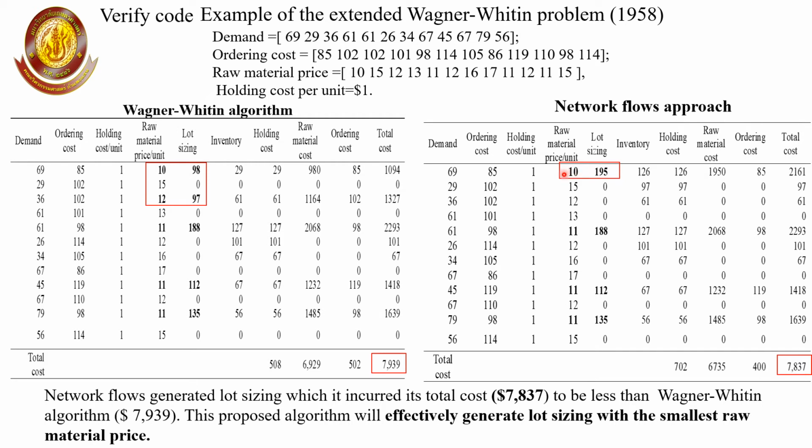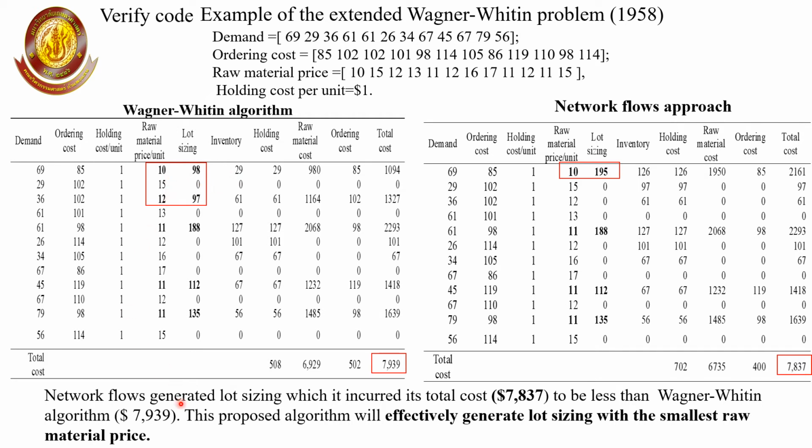The network flow algorithm generates processing of 195 units in the first period with the lowest raw material price of $10, while the Wagner-Whitin algorithm generates 195 units in the first and third periods with raw material prices of 10 and 12.